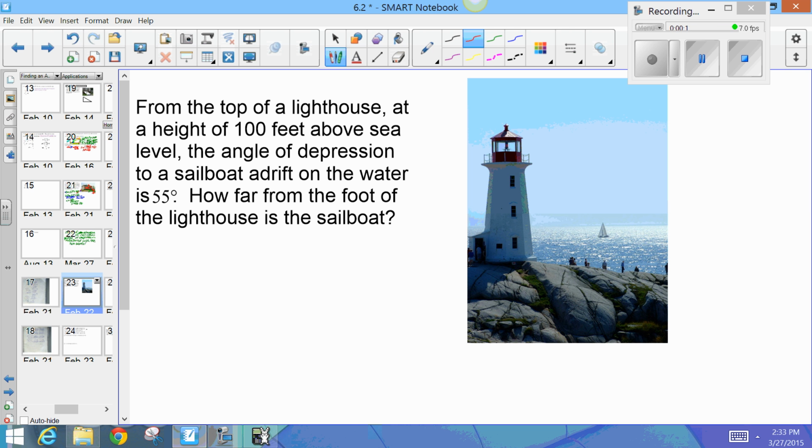From the top of a lighthouse at a height of 100 feet above sea level.